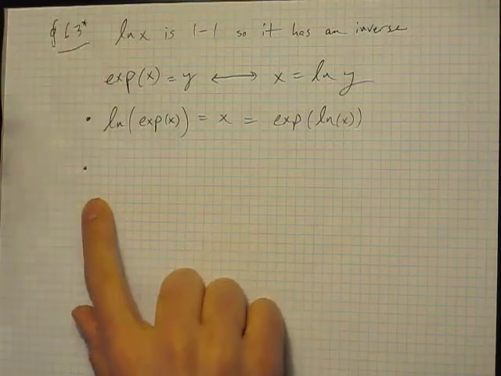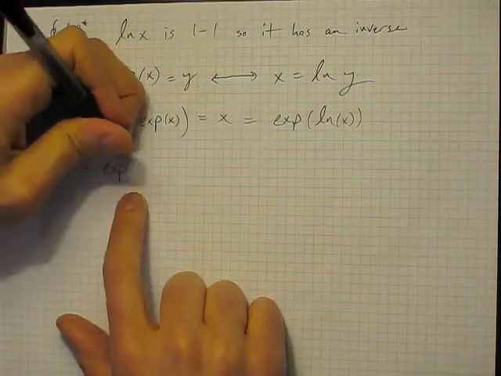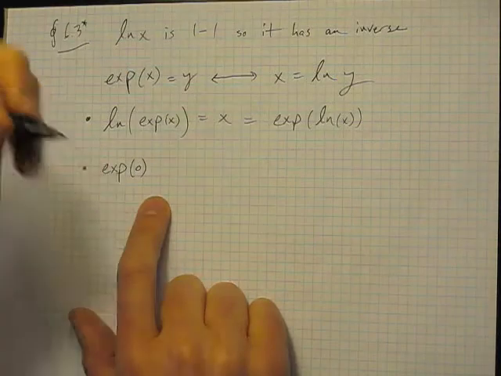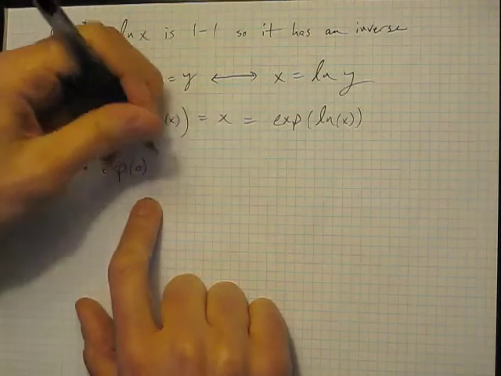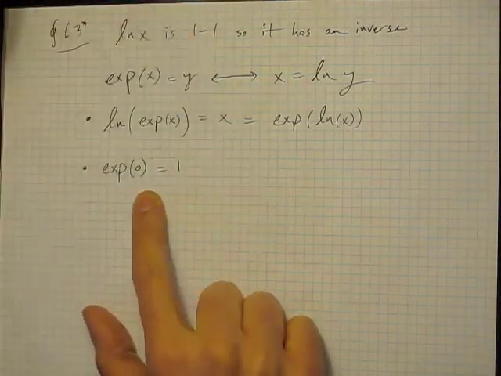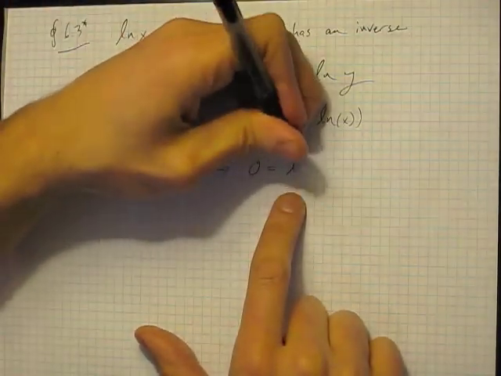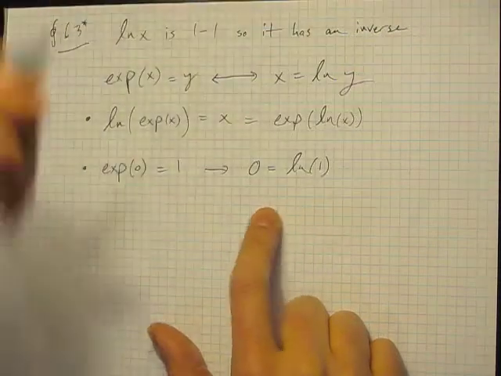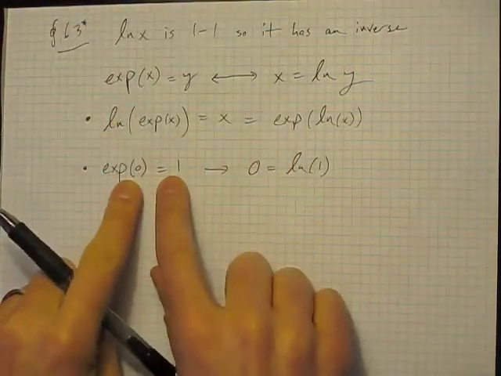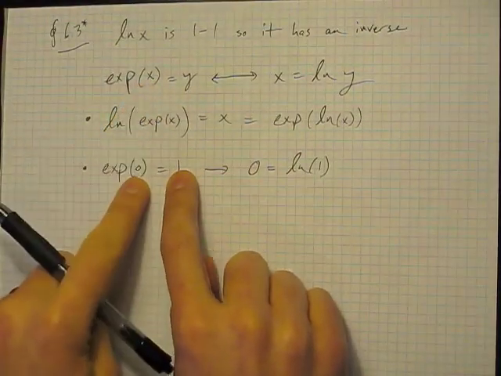Okay, let's look at some properties of the exponential function. So the exponential function of 0 is equal to 1, and this is just because 0 is equal to the natural log of 1, right? Use this relationship here. Our y is equal to 1, x is equal to 0.